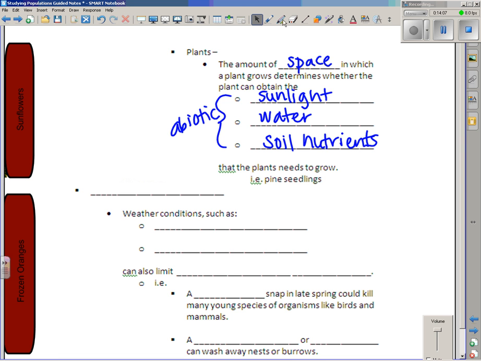Another limiting factor is weather. Now, weather conditions like temperature and the amount of rainfall can also limit population growth.